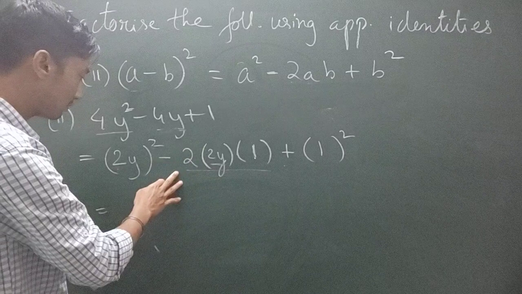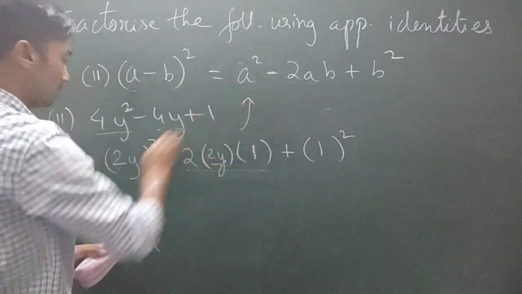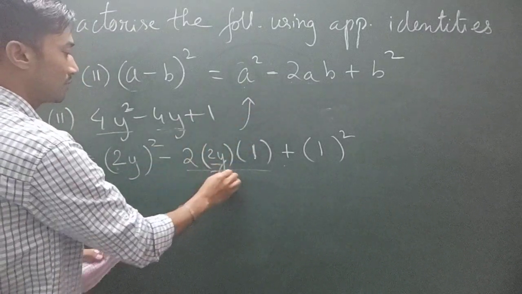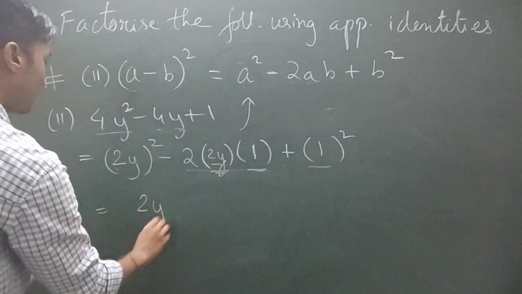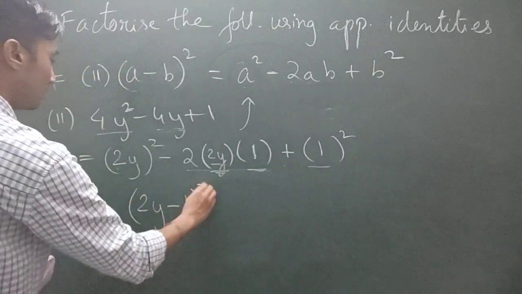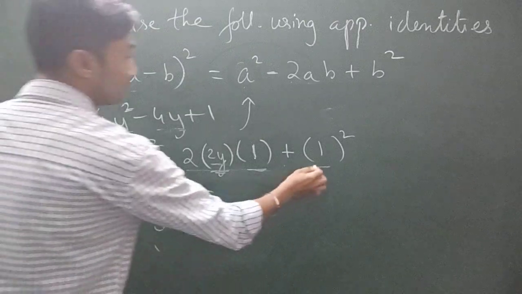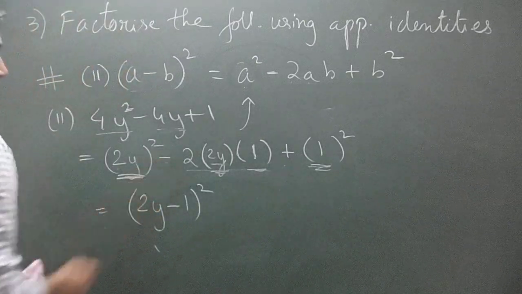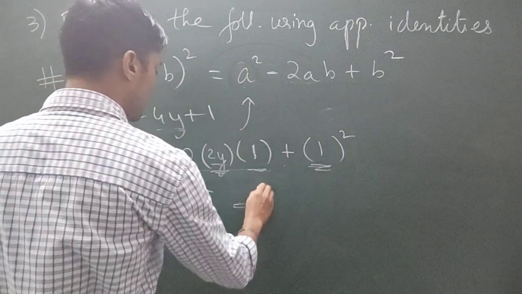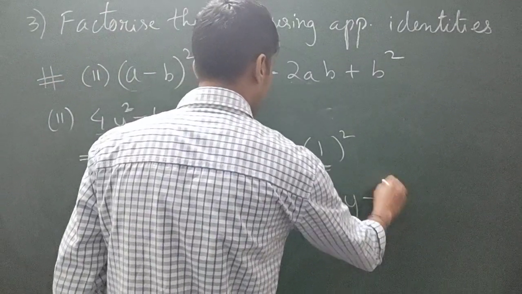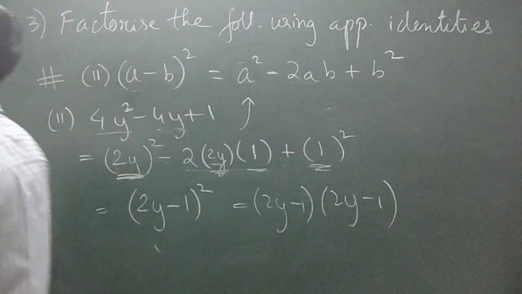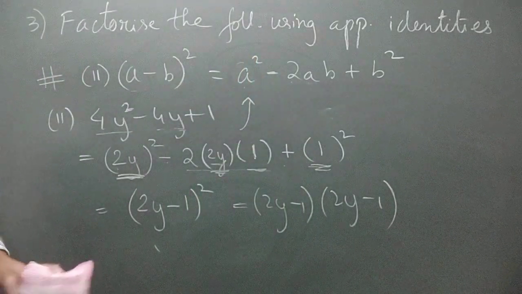So that means this is of the form a squared minus twice a into b plus b squared. That means we can write this as (a minus b) whole square, because the middle term is minus. And in terms of factors, 2y minus 1 into 2y minus 1.